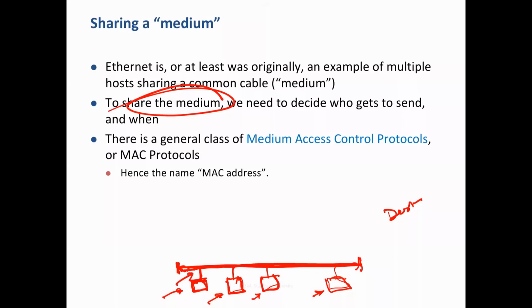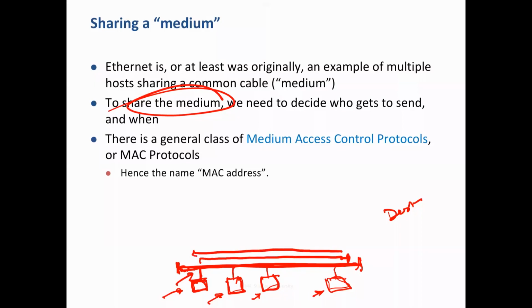Now if this guy's signal reaches the end and nobody has started, even the last machine has not started communication, then when my signal comes back here, I will come to know that nobody is speaking.